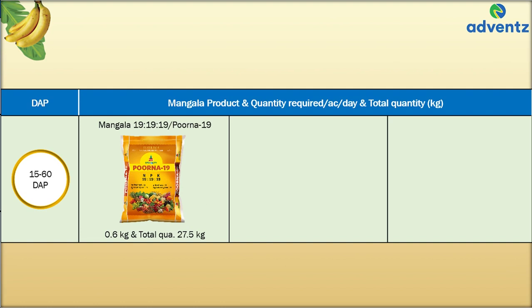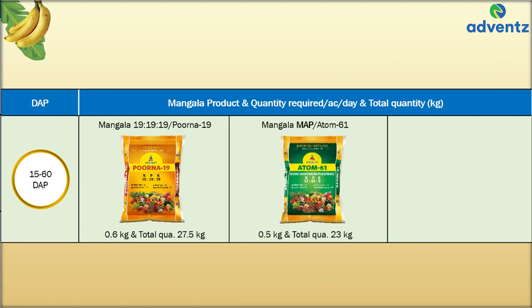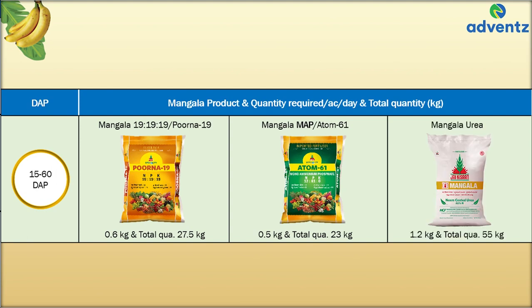And similarly, Mangala MAP or Atom 61 should be given at the rate of 0.5 kgs per acre per day. The total quantity leading up to 23 kgs, and Mangala urea has to be given at the rate of 1.2 kgs per acre per day, and the total is 55 kgs per acre for the entire 45 days.